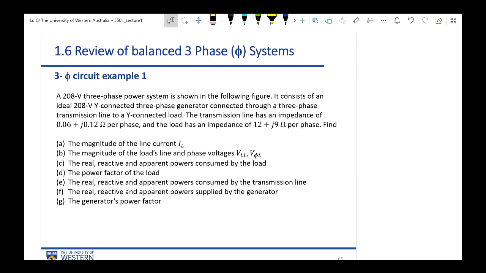Okay, this 208 volts is the line-to-line voltage at the load side. Normally, when we talk about the voltage for a three-phase power system, we think from the viewpoint of the users.